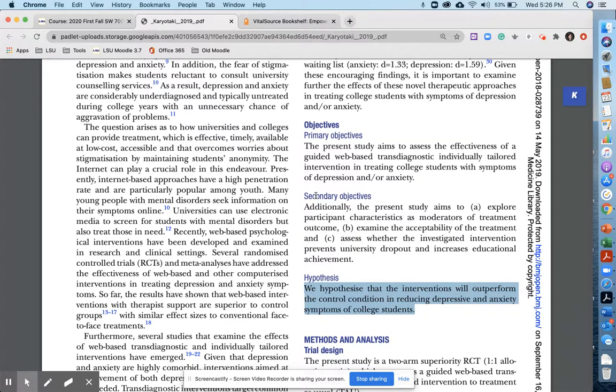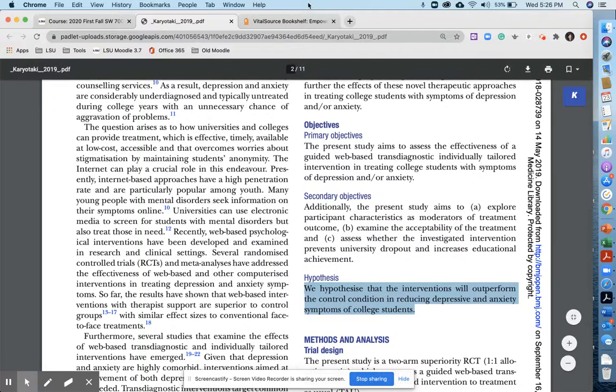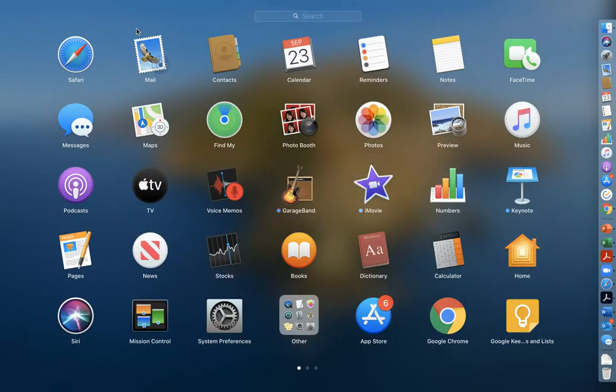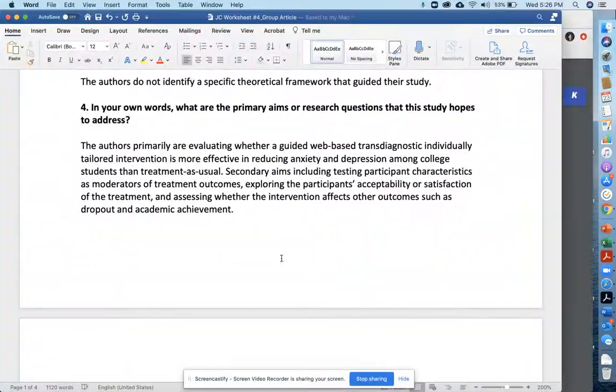Let's flip back over to our questions. So you'll see the way that I chose to word this was that the authors primarily are evaluating whether a guided web-based trans-diagnostic, individually tailored intervention is more effective in reducing anxiety and depression among college students than treatment as usual. And I also summarize what their other aims were.